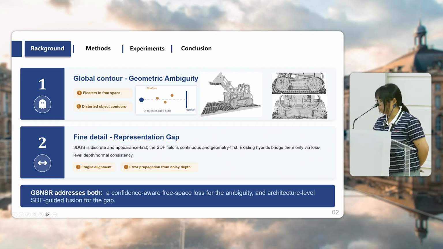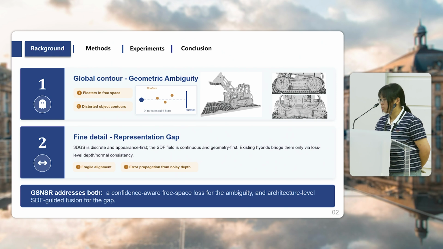It fits a false volume in front of the true surface and gives it a near shadow color, so the rendering still matches. The color is consistent, but the contour is distorted by these floaters.